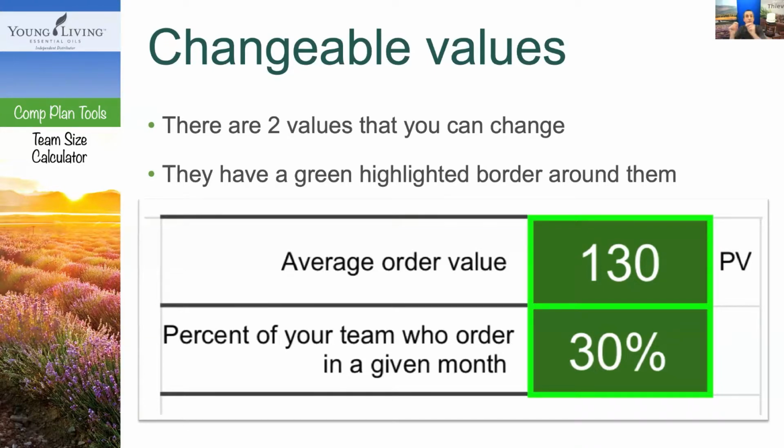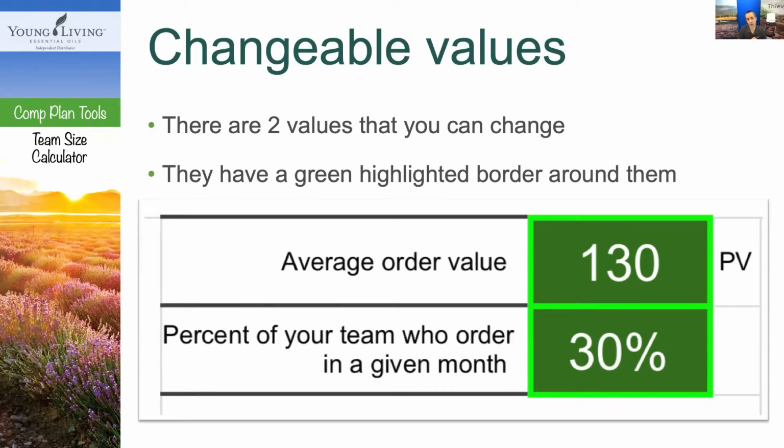Do that for 6 months and then average that, and that will give you a good overall average to use in this tool. Now, if you're not sure how to work out the average order value, speak to your upline Silver or above leader and they can help you work out what that is.